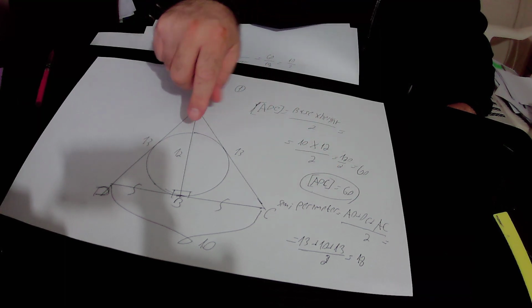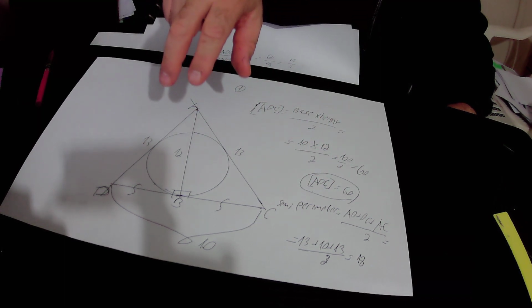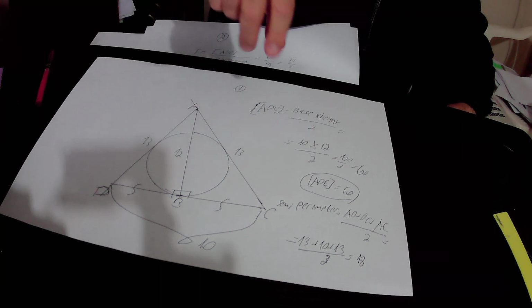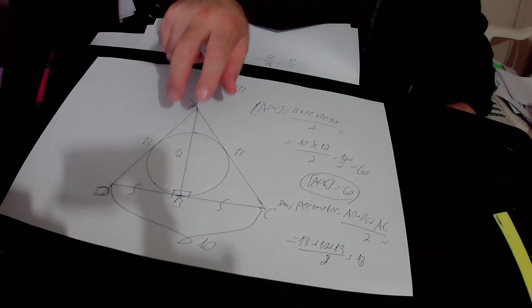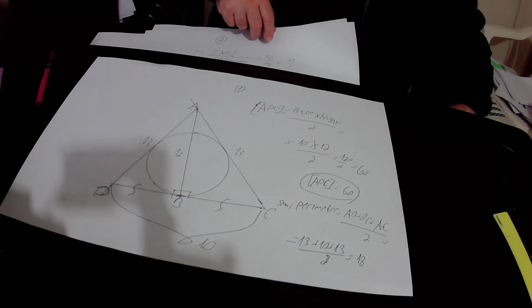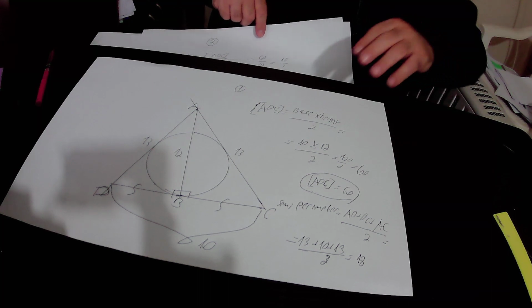So the semi-perimeter of this triangle is 18 units, and the area of this triangle is 60 units. Triangle ADC, the area of triangle ADC is 16 square units.